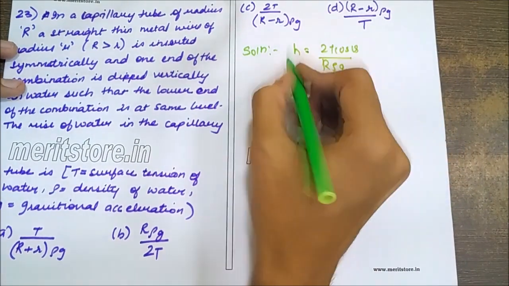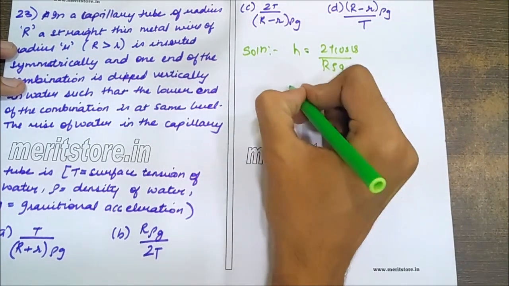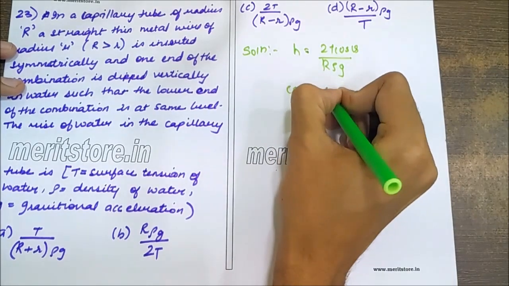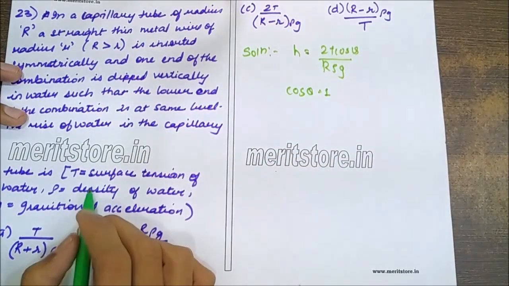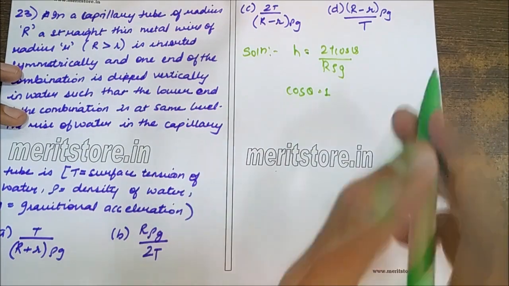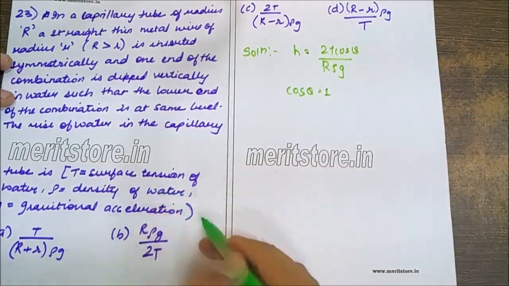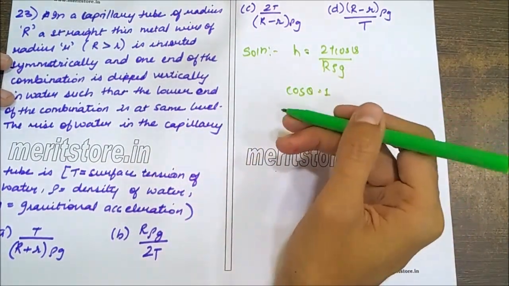For water, cos theta equals 1. T is the surface tension, rho is the density, g is the acceleration due to gravity. We need to find the height up to which the water level will rise.